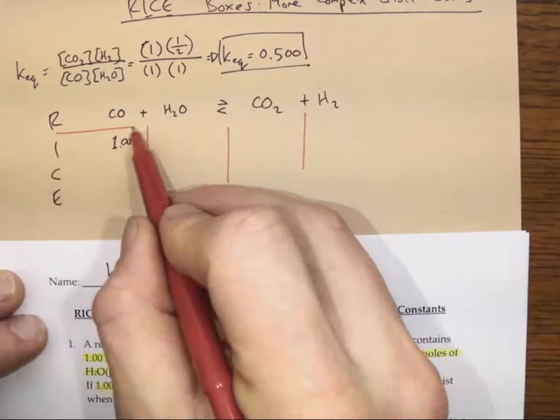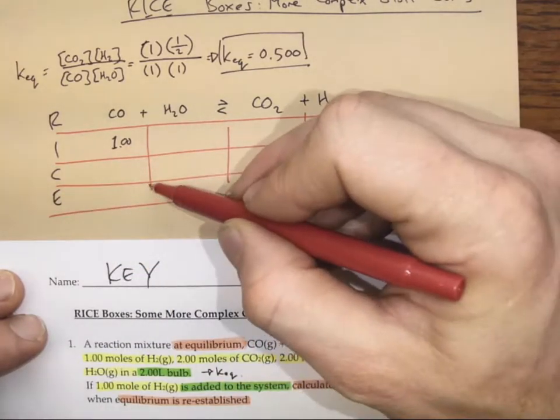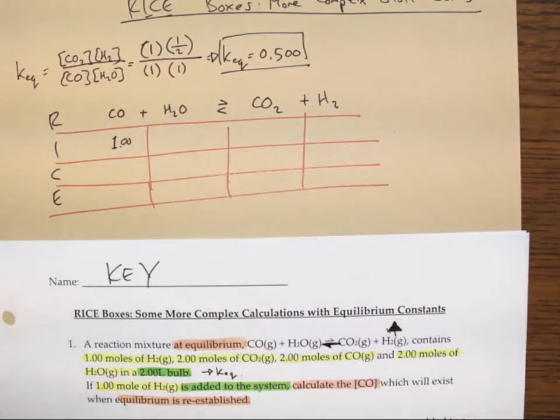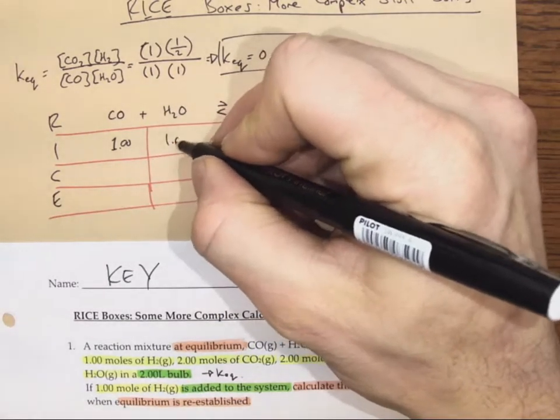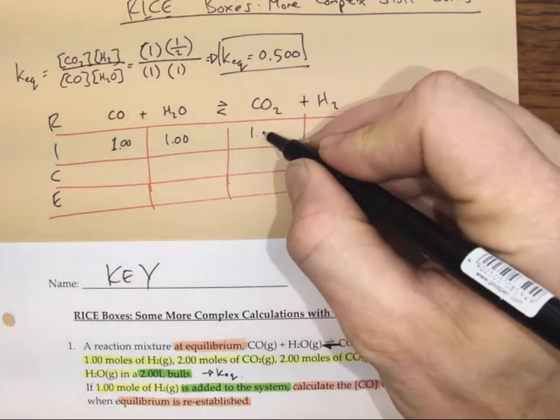And of course, we only talk in concentration here. Then we have the water, which again is 1.00 concentration. The carbon dioxide, again, is 1.00.